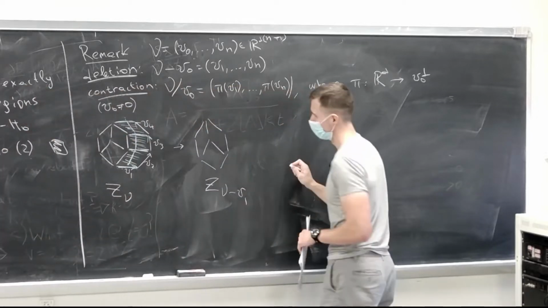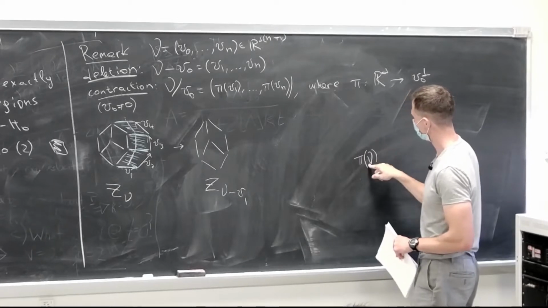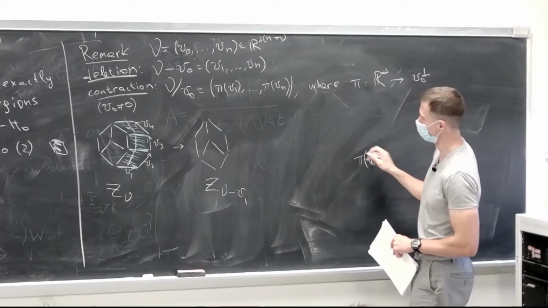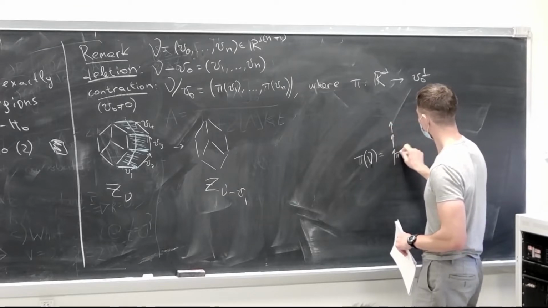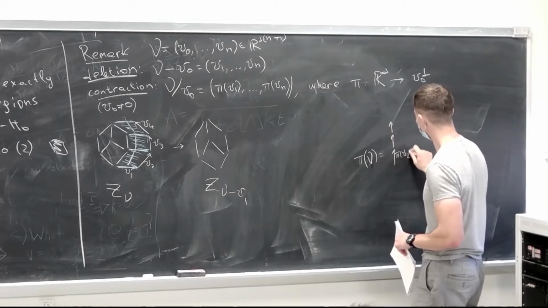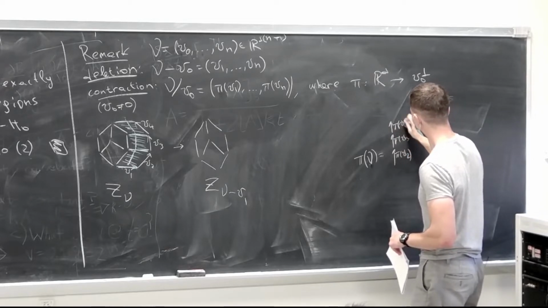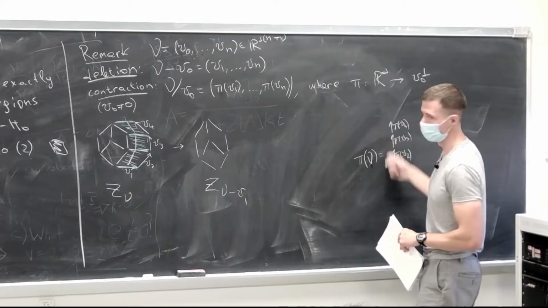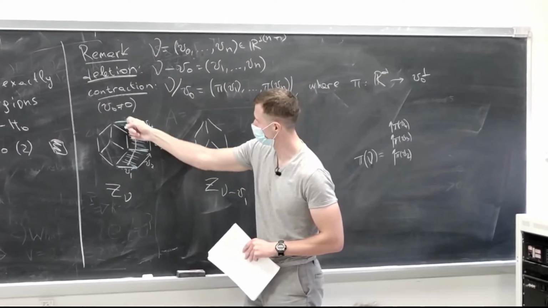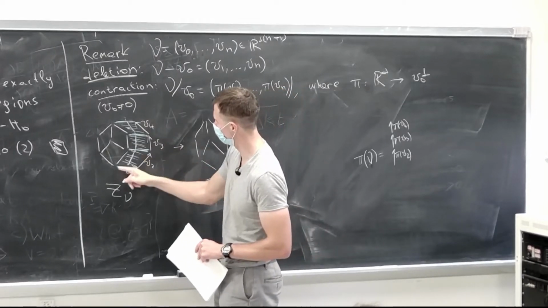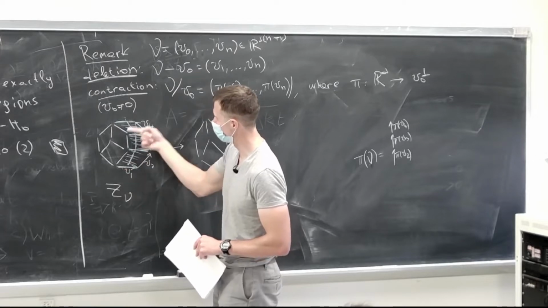First of all, what happens if I project my vector configuration orthogonally to V1? Then I get just three vectors which look like this: V2, phi of V3, phi of V4. So my zonotope is going to be a line segment. The corresponding zonotopal tiling is obtained by taking each tile and projecting along the edge parallel to V1.